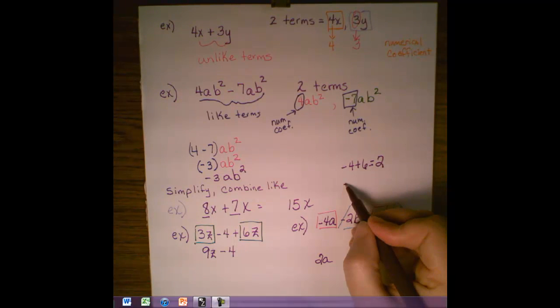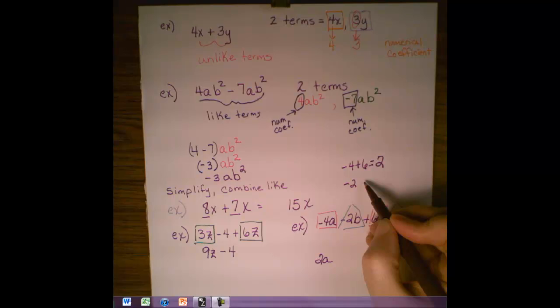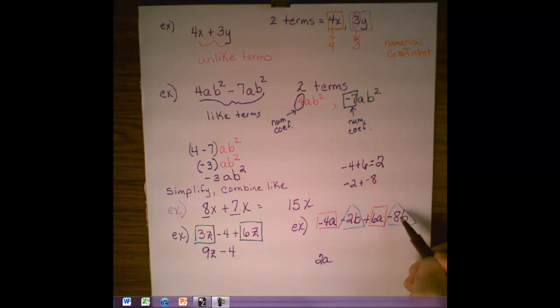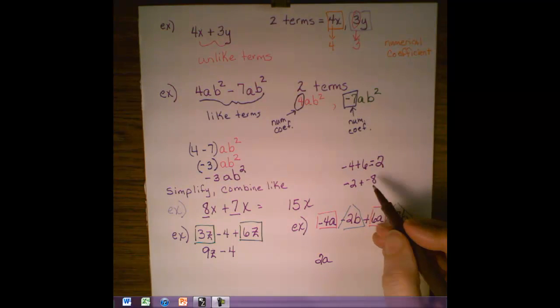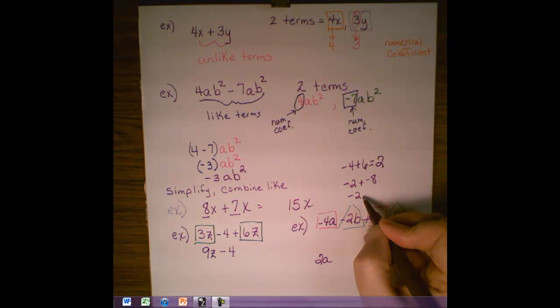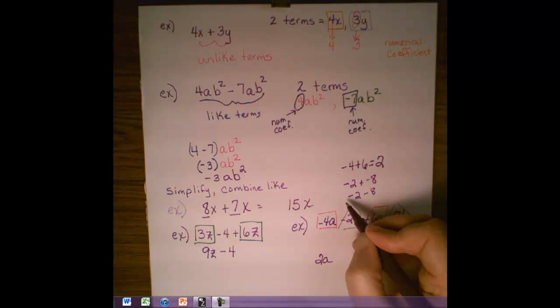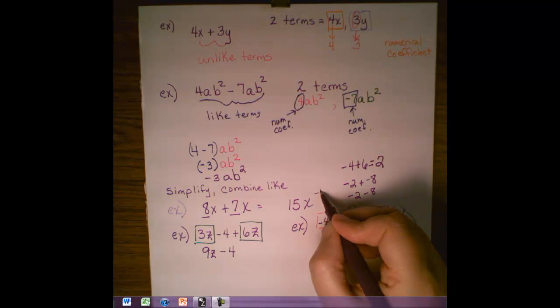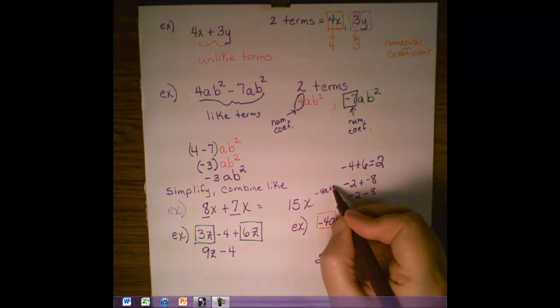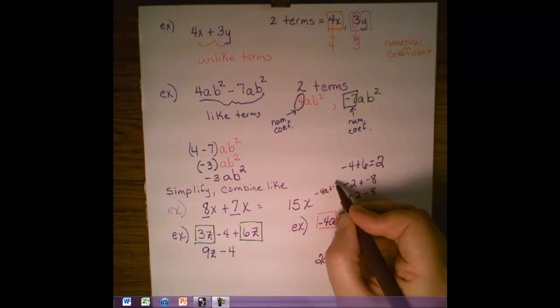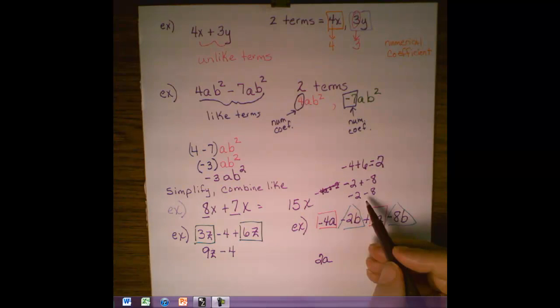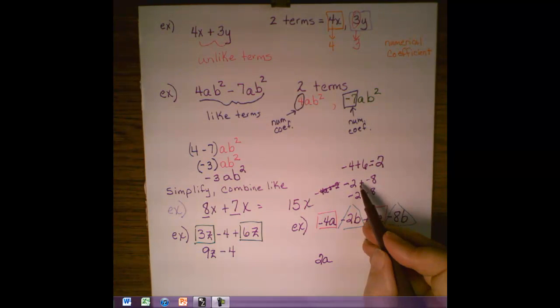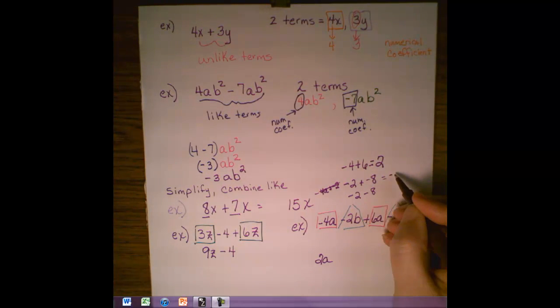Then we have a negative 2b plus a negative 8b. Now that's subtract, but that would be the same as adding a negative 8. However you want to look at it, we end up with 2 negatives, and that would give us a negative 10.